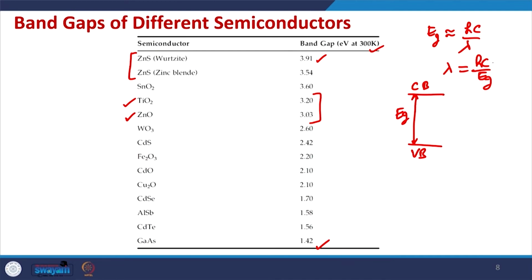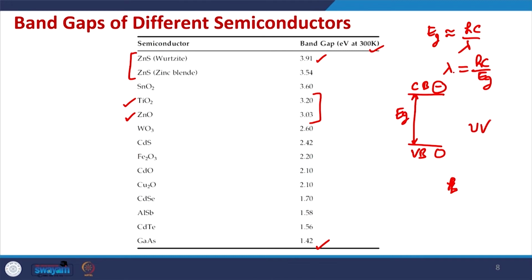After putting the values in proper units, we can find that lambda value. We will find that the lambda value required for generating this electron hole pair means we require light in the UV range.